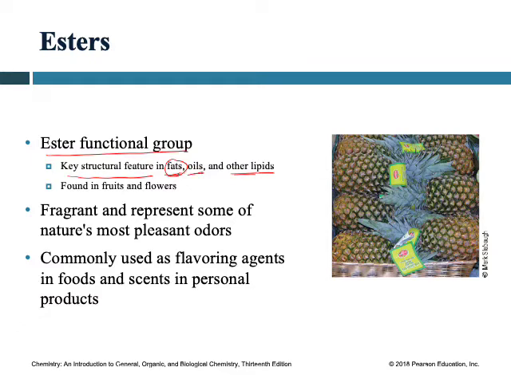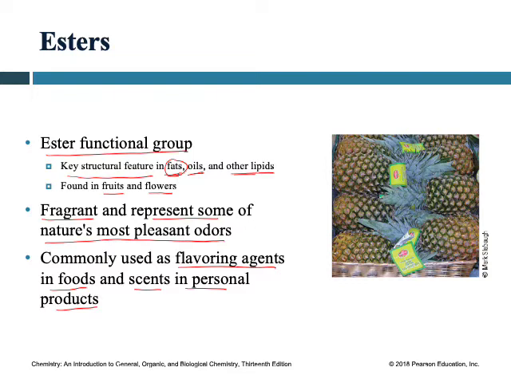Esters are also found in fruits and flowers because they give fragrance, and they represent some of nature's most pleasant odors. Ester-containing compounds are also used as flavoring agents in food as well as in scents for personal products.